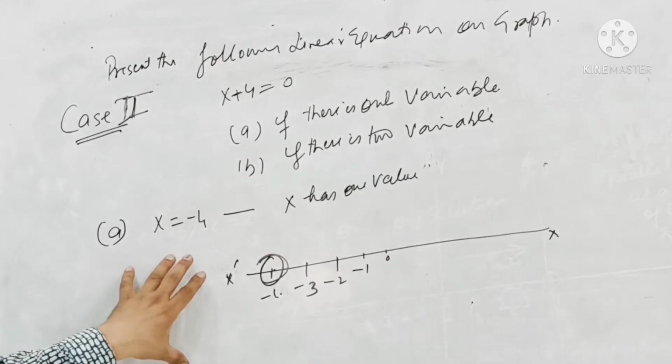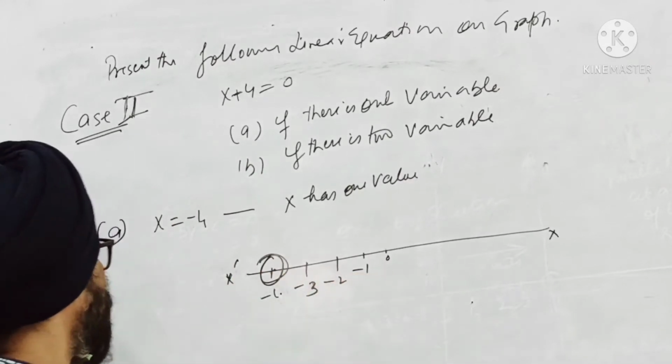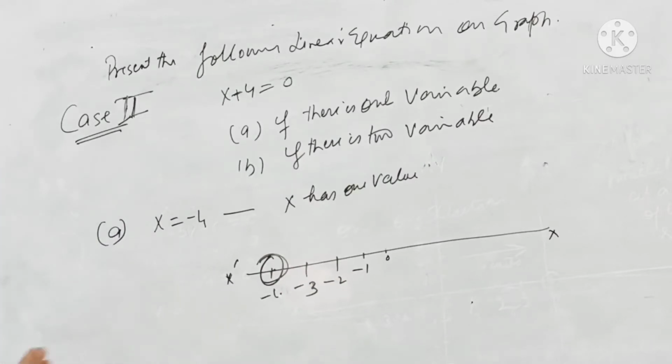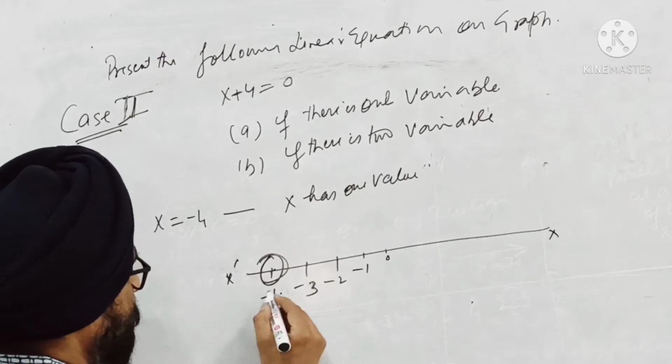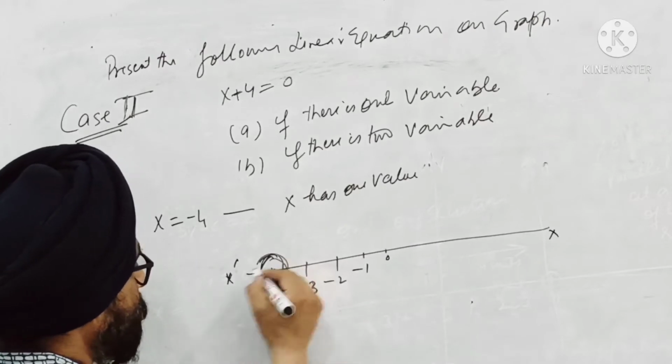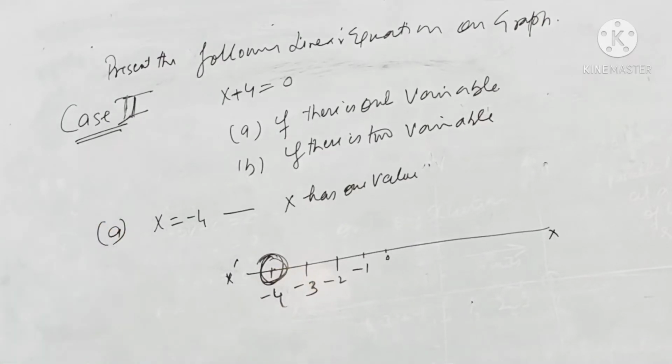It is simply presented on the number line, on the left hand side of the x, that is negative 4. Here is negative 4. But if you consider two variables, here the y is not given.